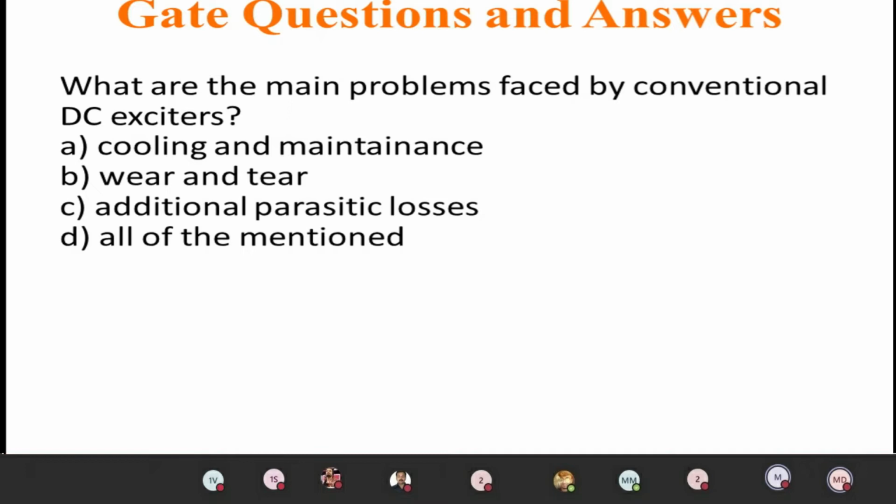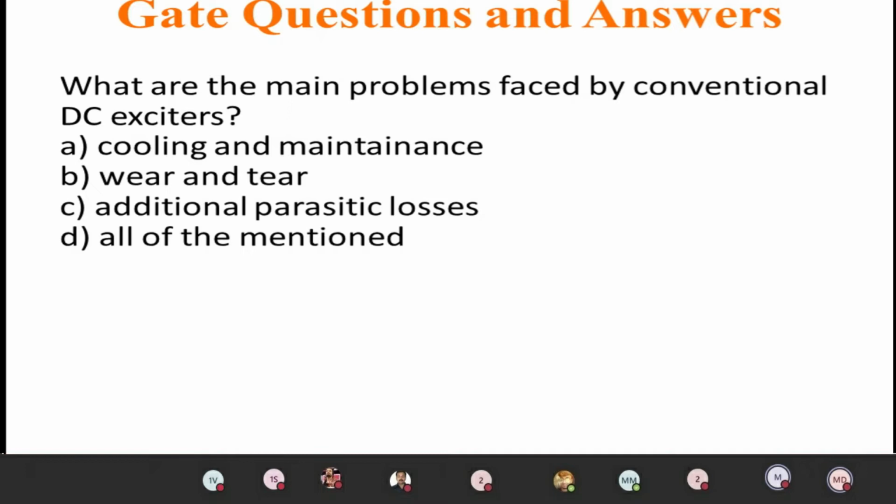Then additional parasitic losses. Additional parasitic means a device which is along with the main machine and absorbs the input. That is a parasitic effect. A parasitic effect is nothing but a small machine which absorbs the main machine input. Here also the pilot exciter is connected along with the shaft, so it absorbs the mechanical input given to the main generator.